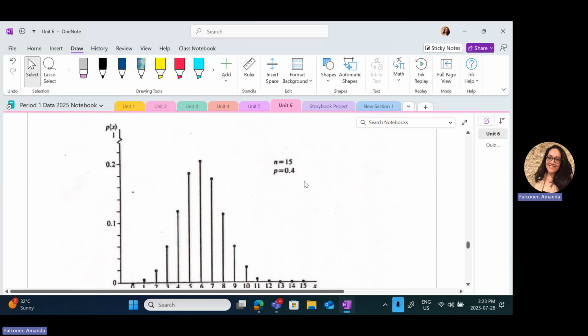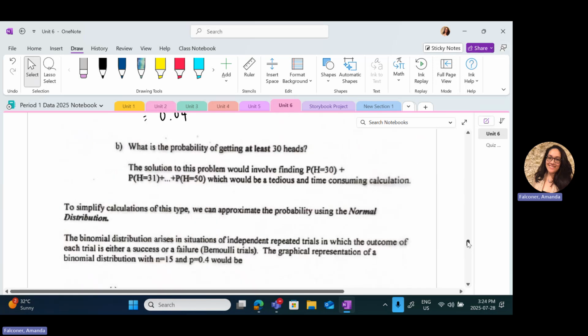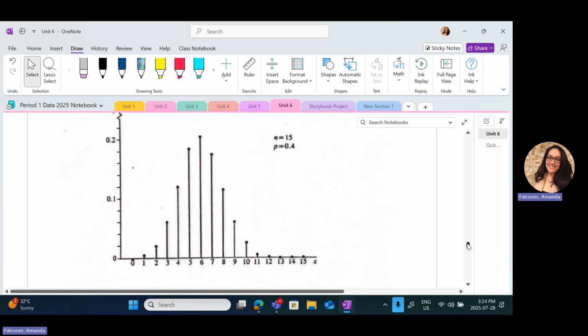If we had 15 trials and the likelihood of success is 0.4, then we'd end up with a probability distribution that is shaped like a bell, or normally distributed. In this case, yes, we could use the normal approximation, and indeed there are some rules that can help us to decide whether we can use it or not.